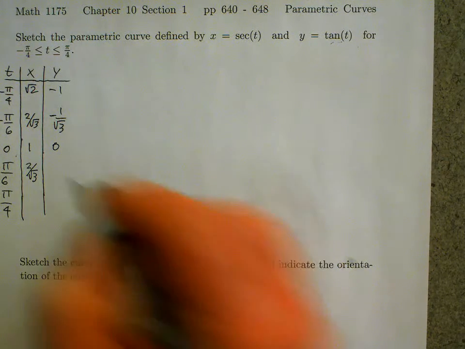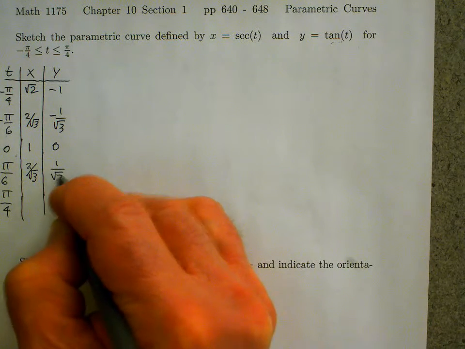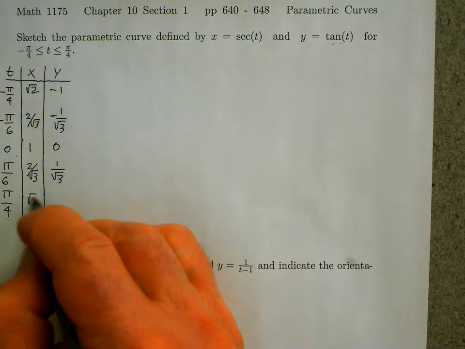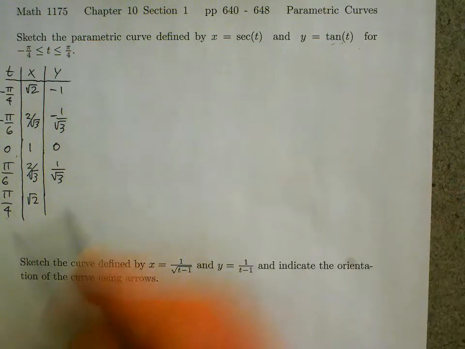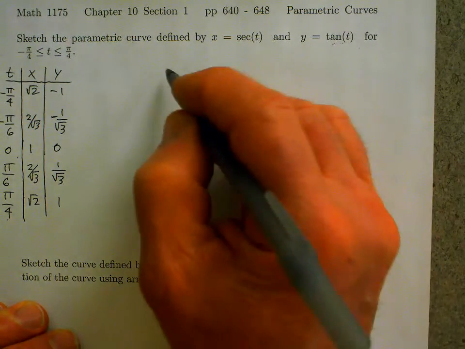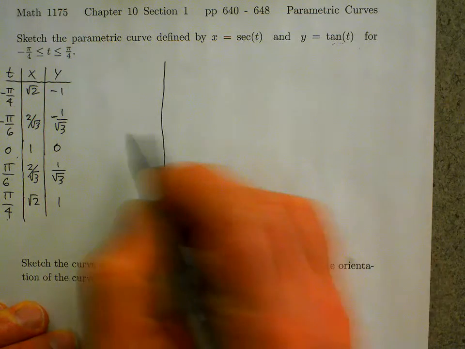Tangent of pi over 6 is 1 over the square root of 3. And secant of pi over 4 is the square root of 2, and tangent of pi over 4 is 1. So let's go ahead and plot those points.